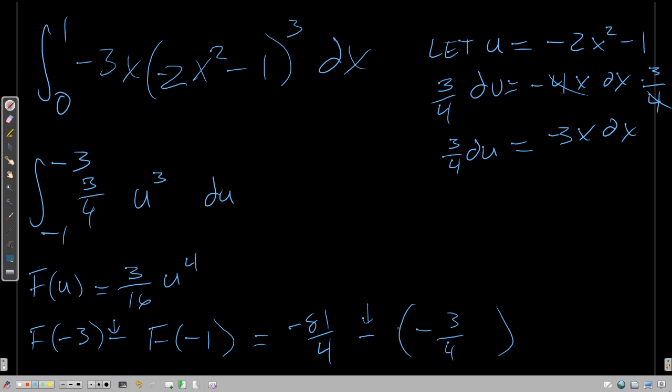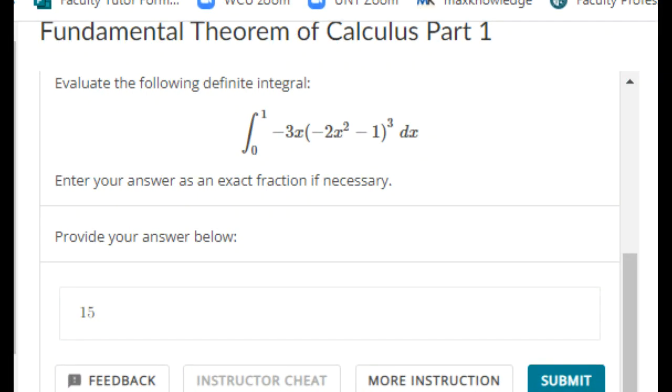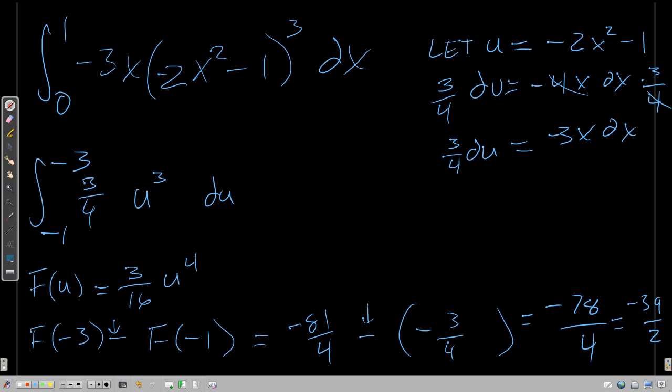So we get -81 plus 3, so I'm getting -78 over 4, which should reduce, because they're both even, to -39 over 2. And I've done something wrong. They're saying it's 15. How much you want to bet that my mistake is in my arithmetic?